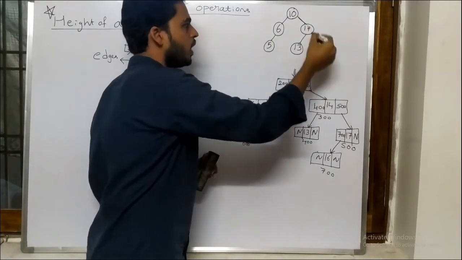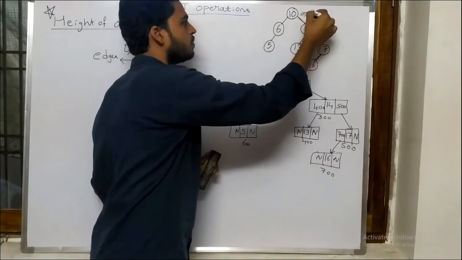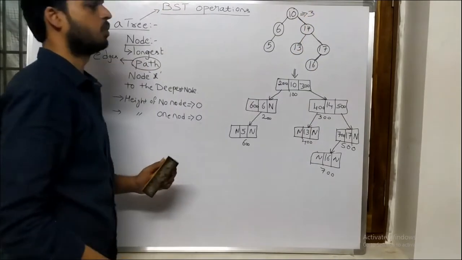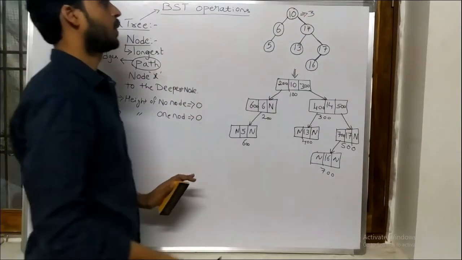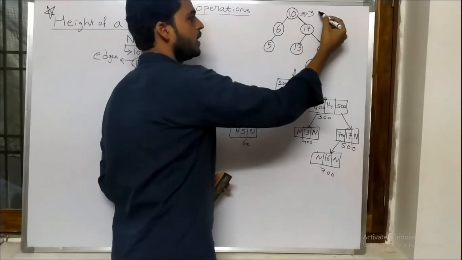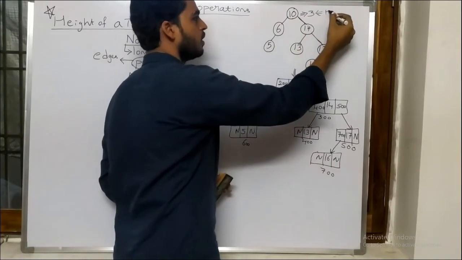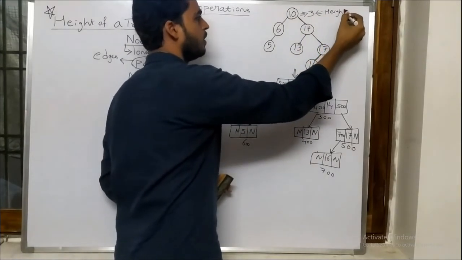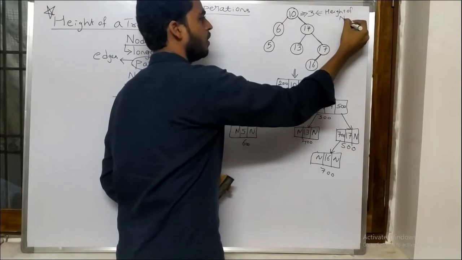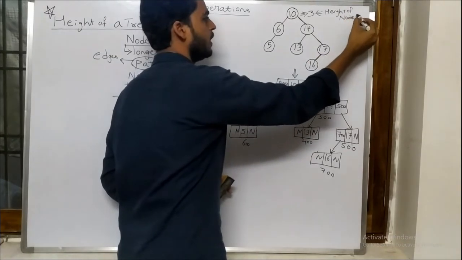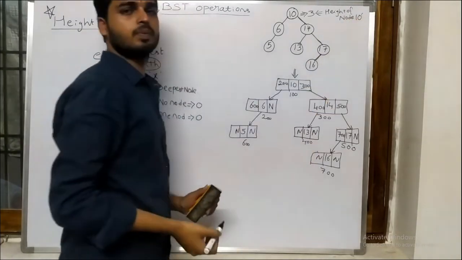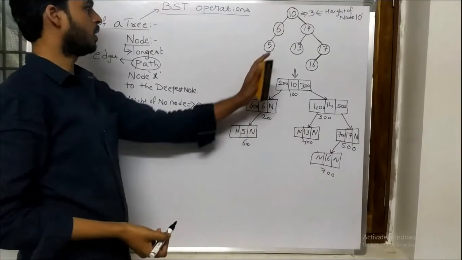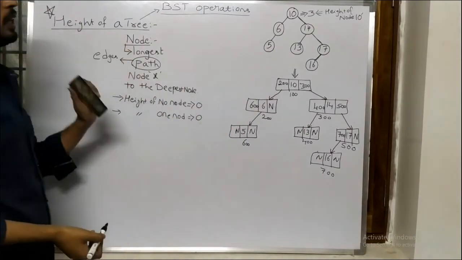Whichever is the longest path, that is the height of the node. Okay, fine. So height of node 10 is 3.